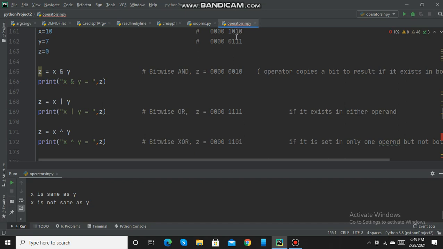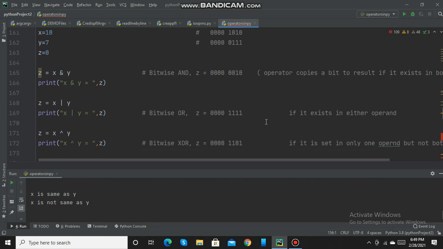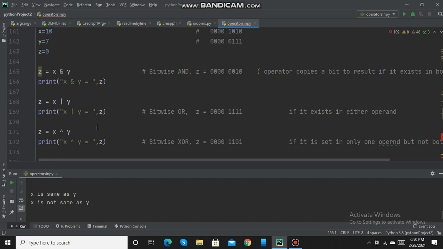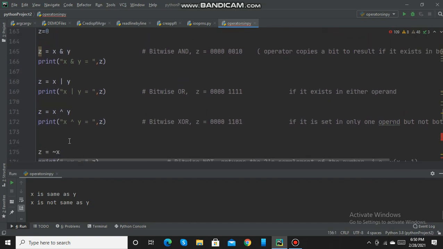Here it is present in both the operands, so it is not copied. Here it is present in operand y, so it is copied here. Here it is present in operand x, so it is copied here. So the result of x XOR y is 0, 0, 0, 0, 1, 1, 0, 1. Now we will execute this and see.